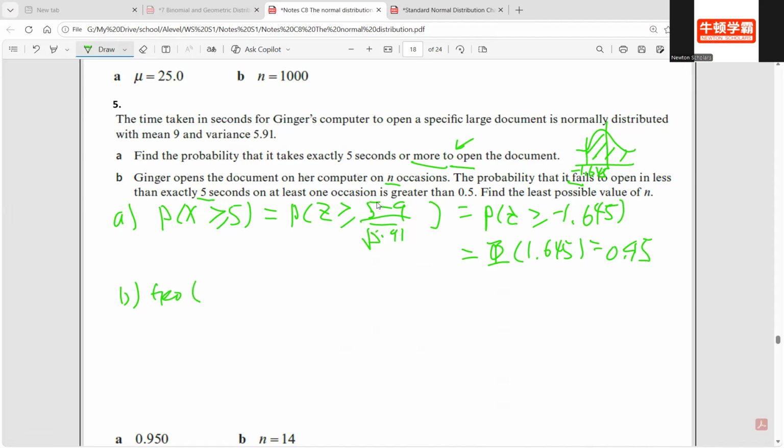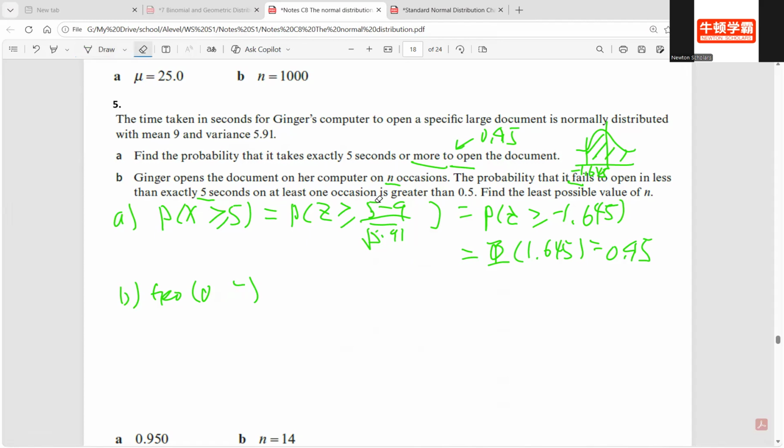This one just now I found is 0.95. He succeeds with 0.95 probability. So how about the fail? Fail should be 0.05. Am I right? Because he is asking to find the probability for fail, so the fail is 0.05. So this is my P. Sorry, this is my P, yeah.